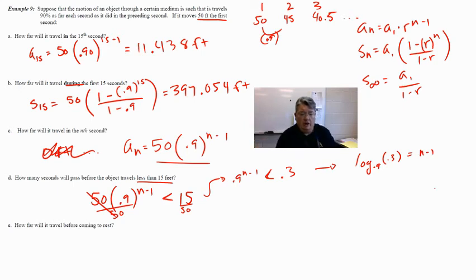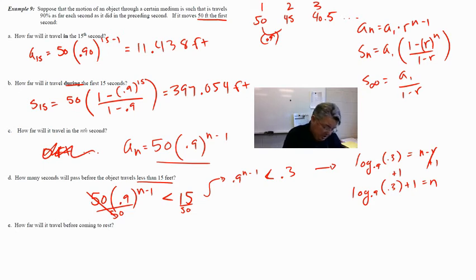And then I add 1 on each side. I did just change it to an equation so it's easier for me to think about. Log base 0.9 of 0.3 plus 1 equals n. That's going to be the number of seconds that it will travel exactly 15 feet.